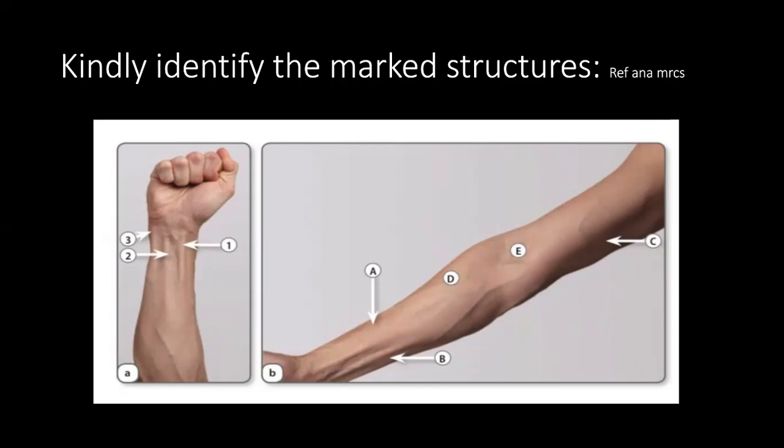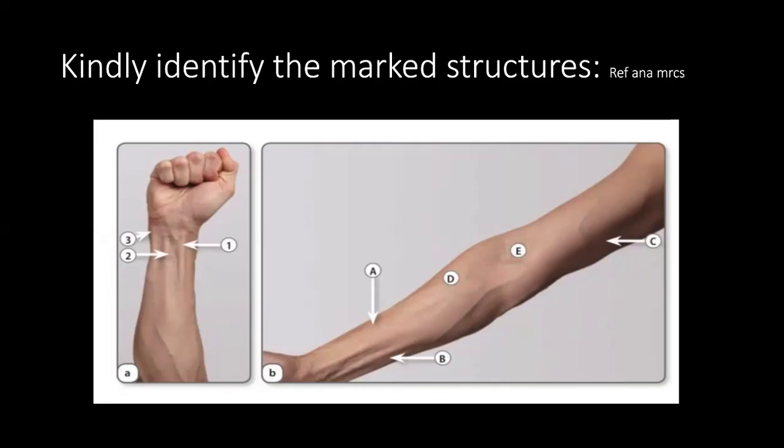Okay, ma'am. If you could tell me the origin and insertion of the triceps muscle. Triceps long head has origin from the inferior glenoid tubercle, and the lateral head has origin from the lateral posterior aspect of the humerus, and the medial head has origin from the medial posterior aspect of the humerus.